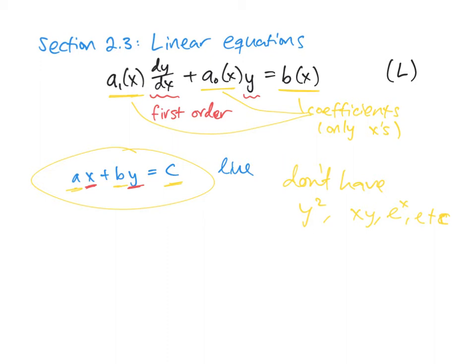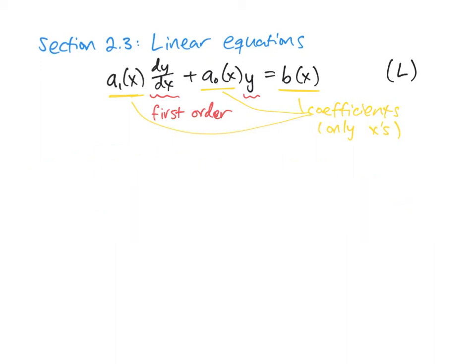Okay, so let's go back to our differential equation. I have said a couple times in the past that linear usually is easier than nonlinear. So let's take a look at this and think about whether we already know how to solve this, or in which cases. So let's think about some special cases. One. Let's suppose a naught, the coefficient in front of y, is 0.